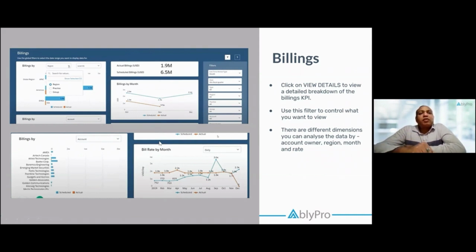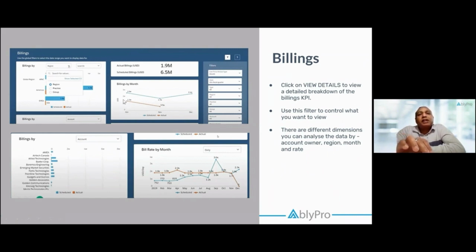And these dashboards are good because they actually help you visually see things, right? Rather than an Excel sheet where they're just figures and it's boring stuff. Here you can actually see, and your senior management can see, like how the billings are happening by month, right? So in this case, the scheduled billing is going down, right? And then it again picks up pace.